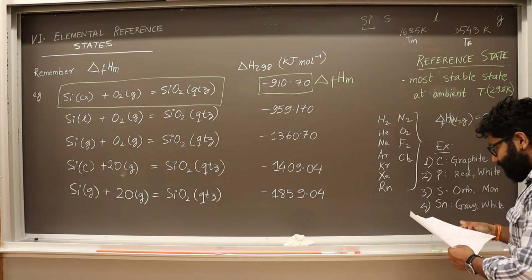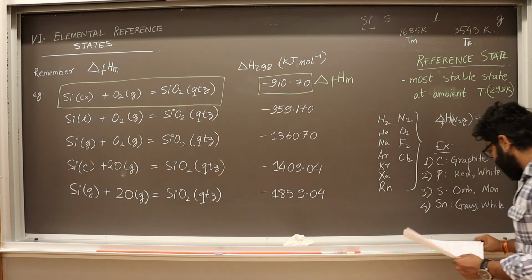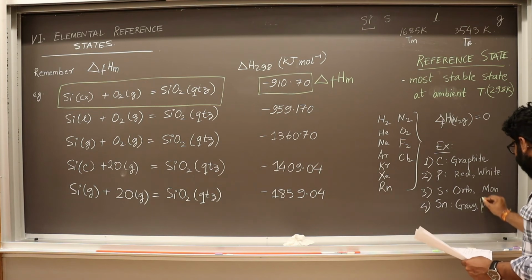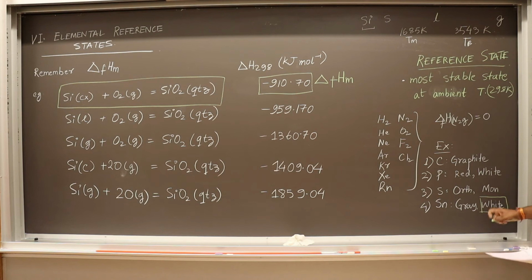But generally, most of the books that you'll find consider white tin as the elemental reference state, although gray tin is basically the most stable state. For most of the references that we'll be using, most of the books take white tin as the elemental reference state for tin. Okay.